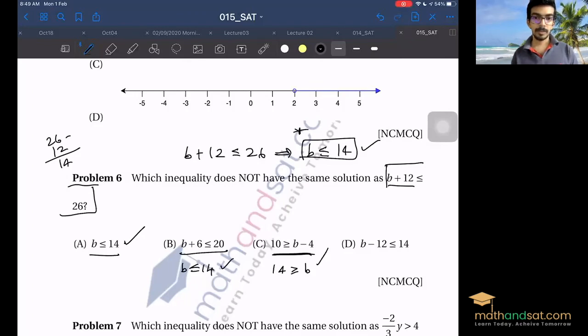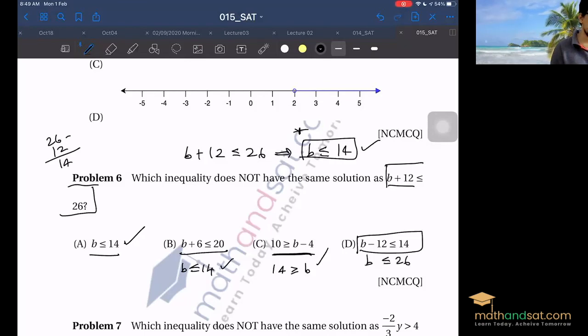Okay. Now in this option, we have b less than or equal to 26, which is different from the others. So option A, option B, option C represent exactly the same thing given in the question, but option D represents something else.